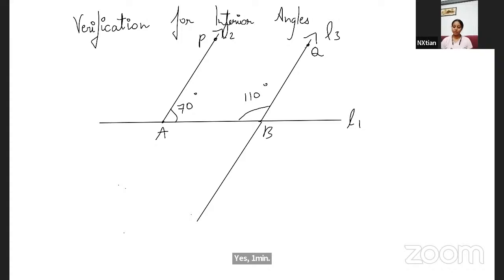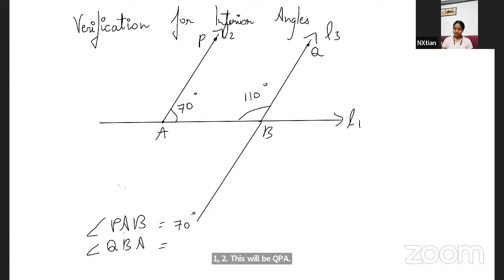So now angle PAB is how much? 70 degrees. And let's name this point Q. This will be QPA. Angle QPA is 110 degrees. Okay.